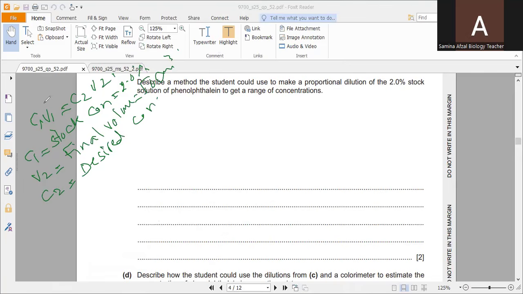We have to make between 0 to 2%, so all different concentrations can be included into it. It depends on you which you are making. Here I am going with the V1, the volume of stock, and the V2, the volume of water added.